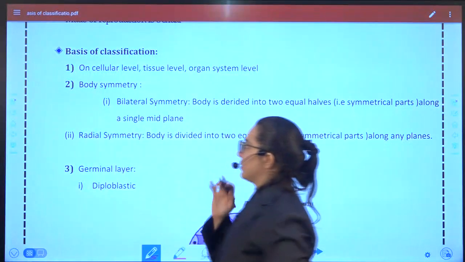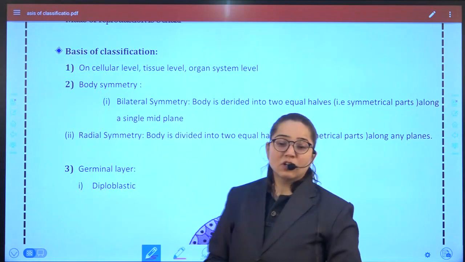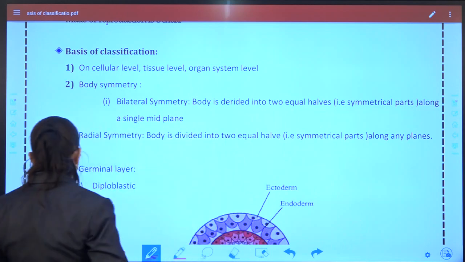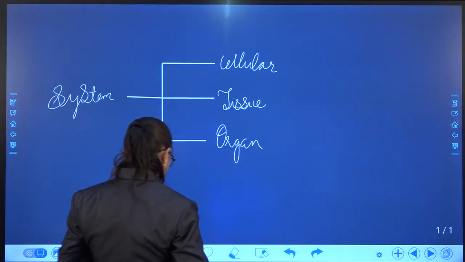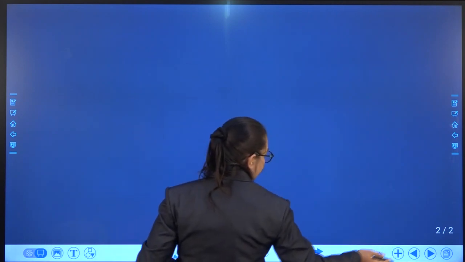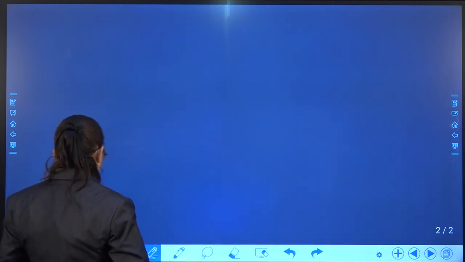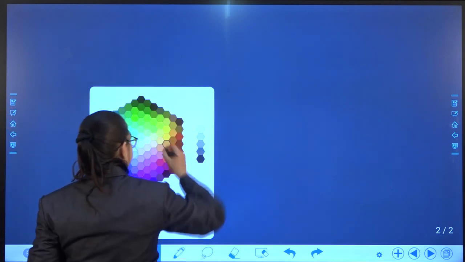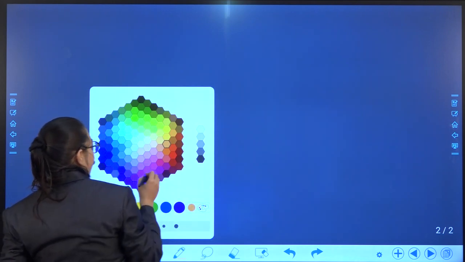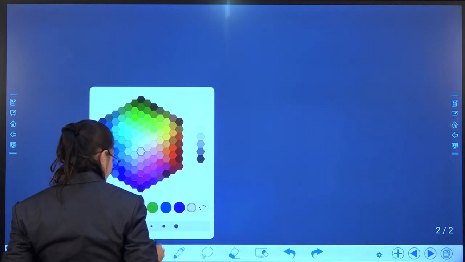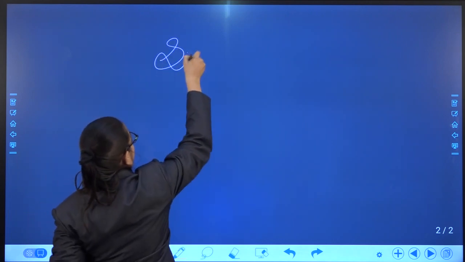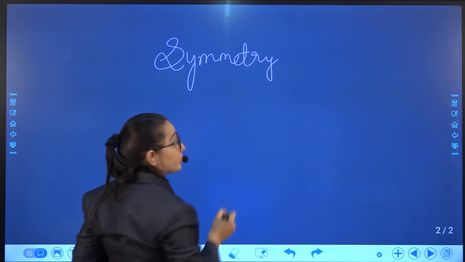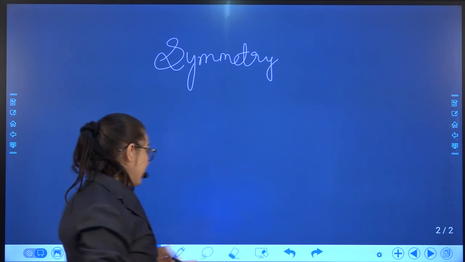Moving on, the next part, which is the body symmetry. If we talk about the body symmetry, then the body symmetry is of two types. It is of how many types?